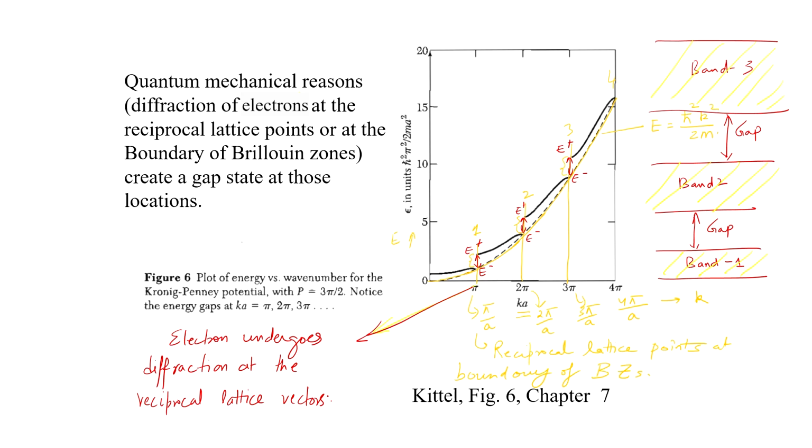This causes splitting of energy levels. It causes the wave function to have a standing wave solution. As a result, you have two solutions of the wave function. I will explain that in the next few slides.